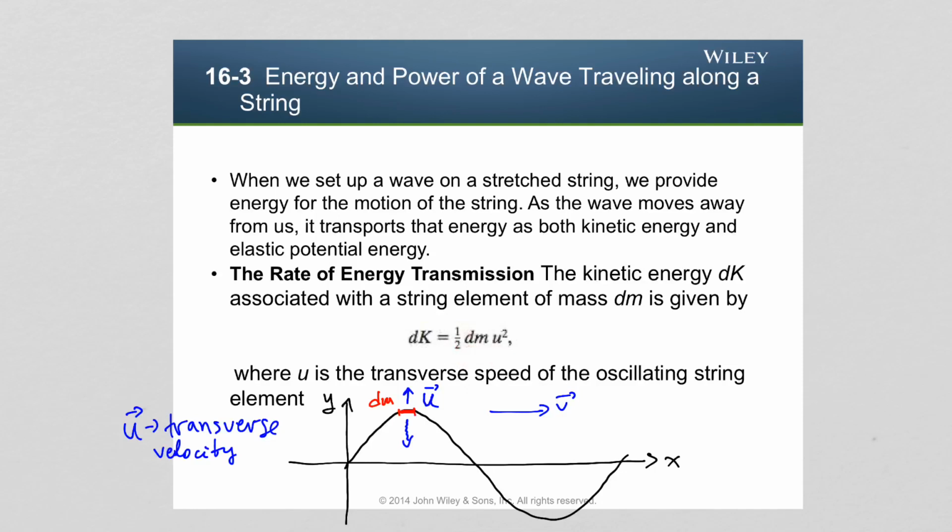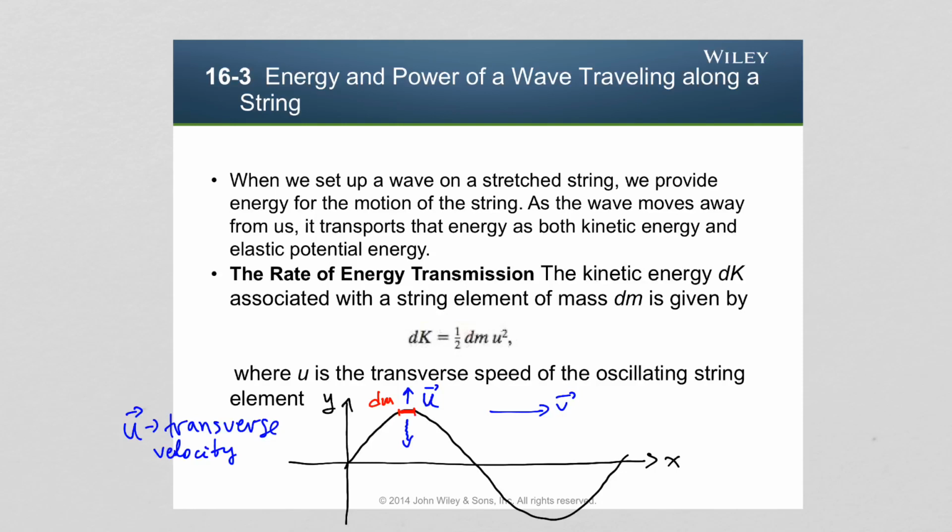So 1/2 dm times u squared. And so this is the kinetic energy with which this mass element is moving as the wave passes through it. And so this applies for all mass elements. And so if you sum all of these together, you would get the kinetic energy transferred by the wave.